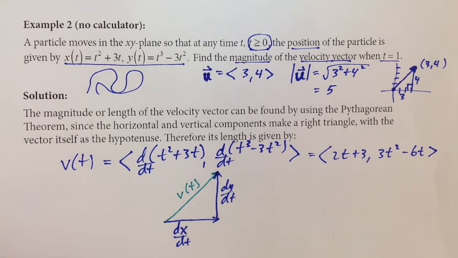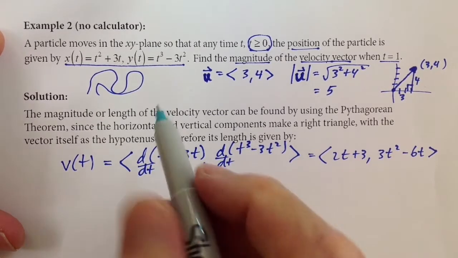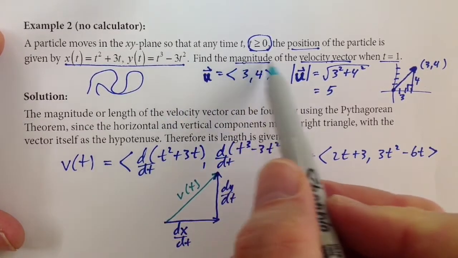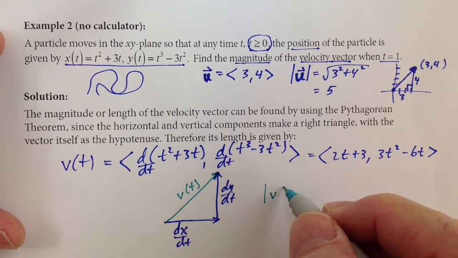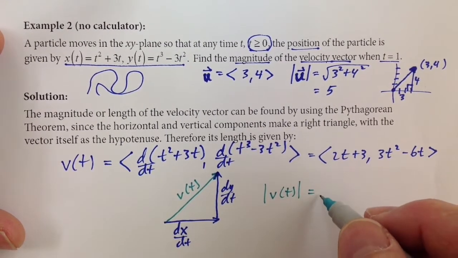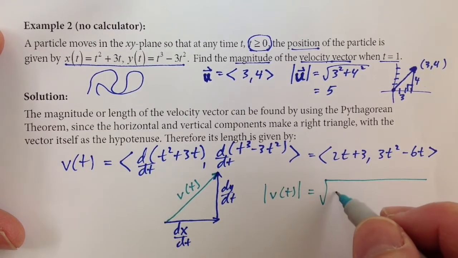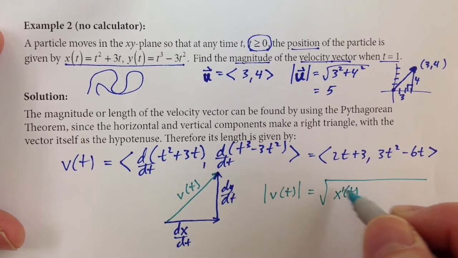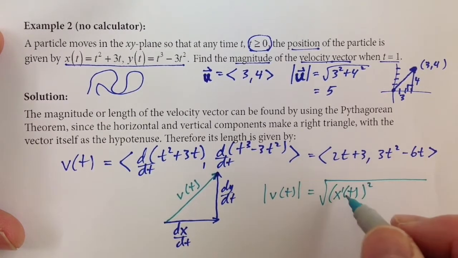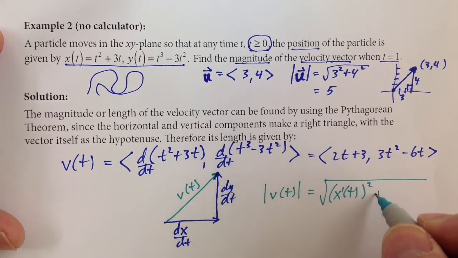If we want to know the length of that vector, which is what it says, find the magnitude of the velocity vector, then that's equal to the square root of (dx/dt) squared, so x prime of t squared. I should have probably written it as dx/dt squared, but I don't want you to get bogged down with the notation. I want you to understand conceptually what is going on.